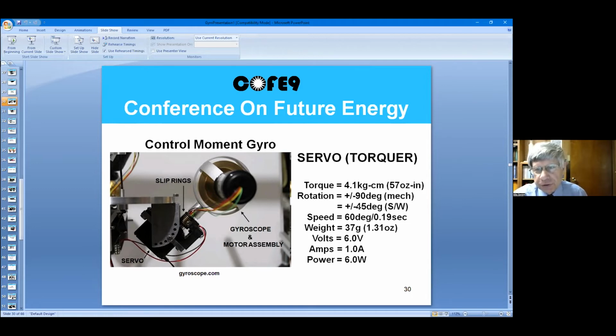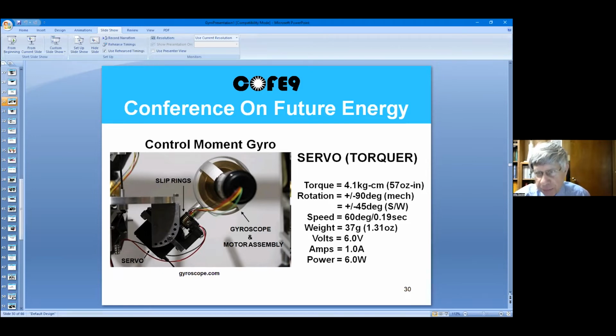However, the electrical servo or the software, the controller that runs it is limited to plus or minus 45, so there's some limitations there. Speed is 60 degrees, 0.19 seconds. It weighs 37 grams. 6 volts at 1 amp for 6 watts of power.